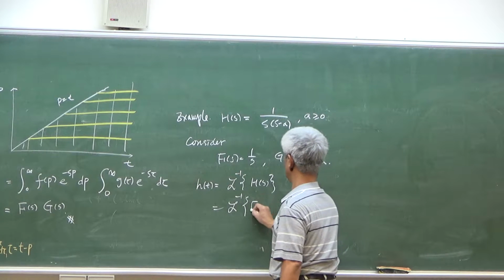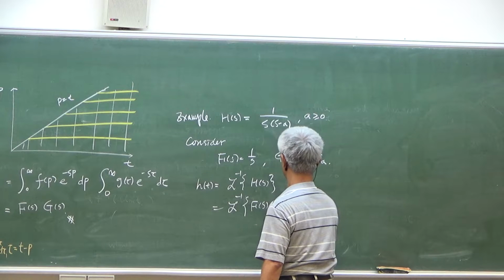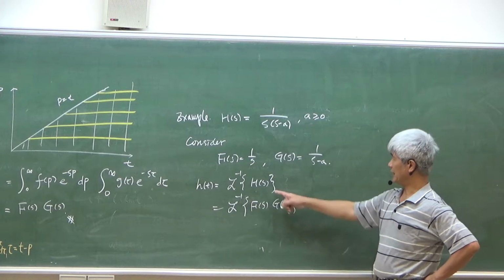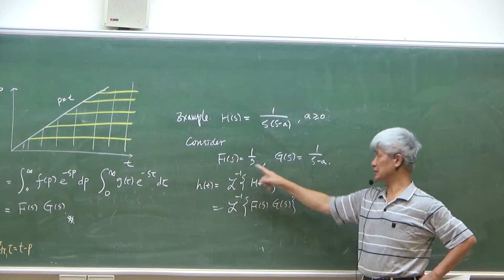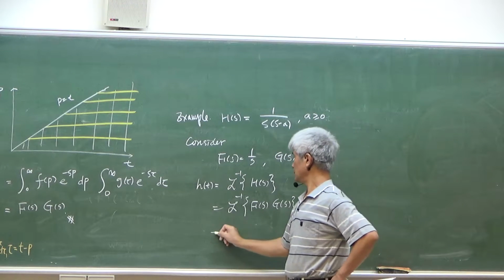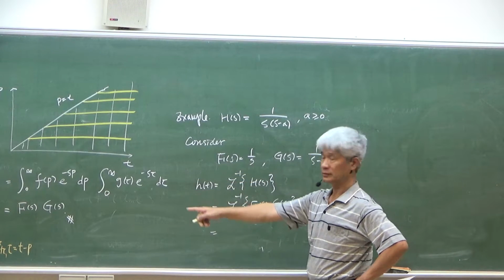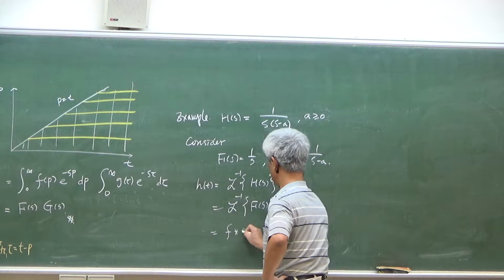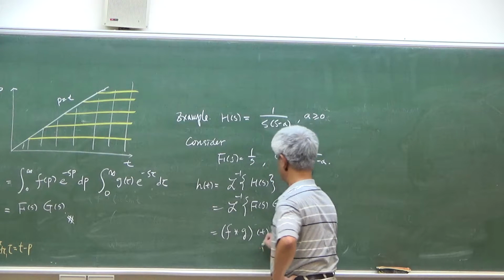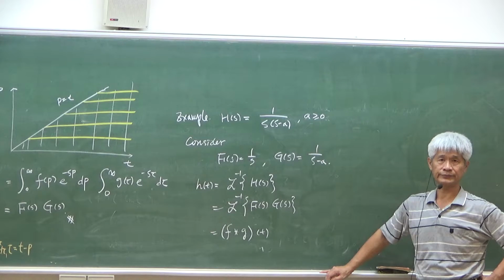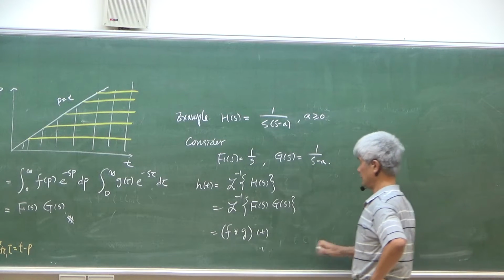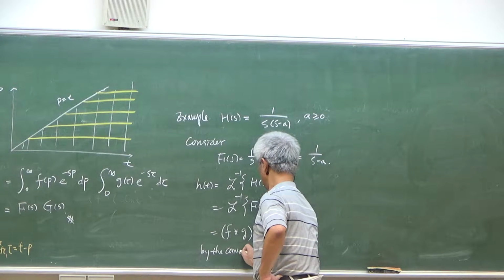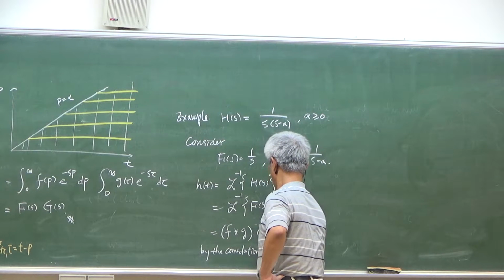Here h of x is a product of f of x and g of x, and by the convolution theorem, the inverse Laplace transform is the convolution of f and g.